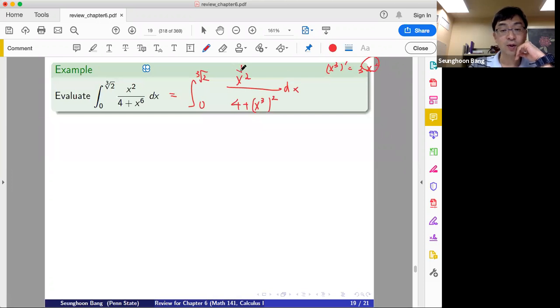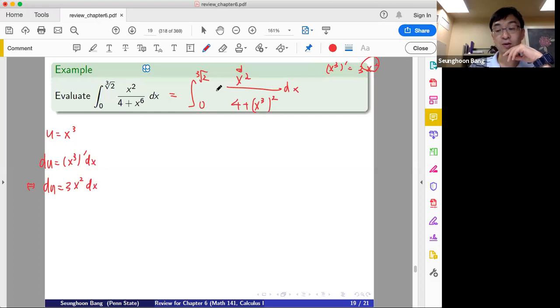Yes, we have x squared from here. So u substitution is one good idea. Let u be the inner function x cubed. Then du equals 3x squared dx.